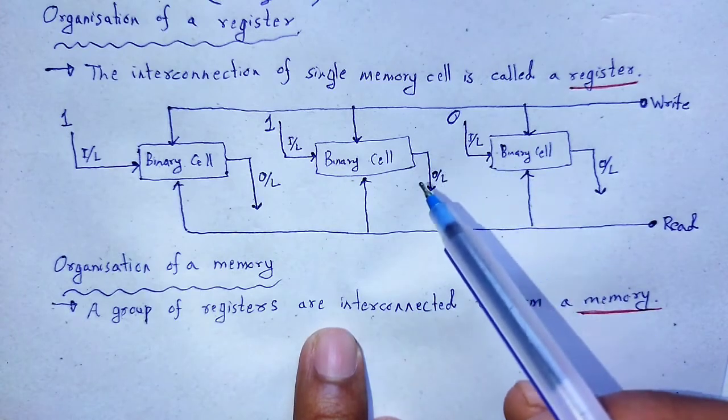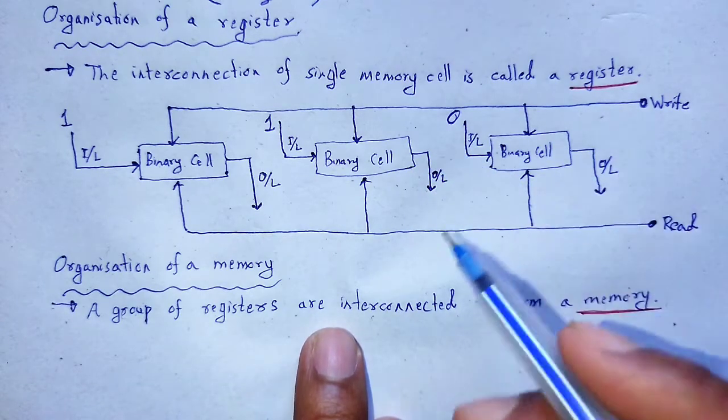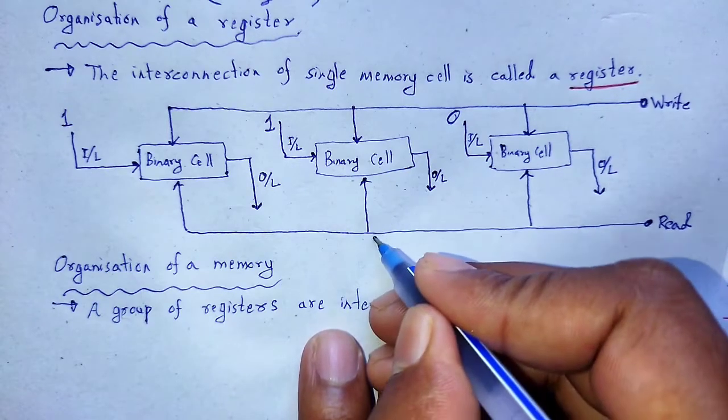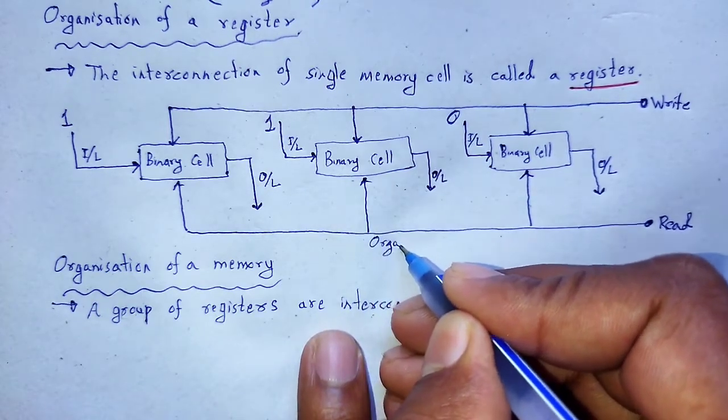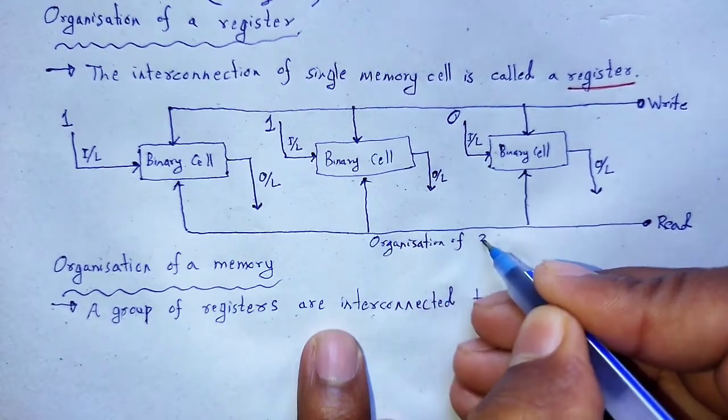In that way a register is organized. That figure is a 3-bit register, the organization of a 3-bit register.